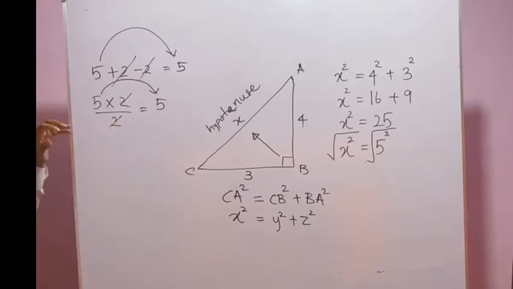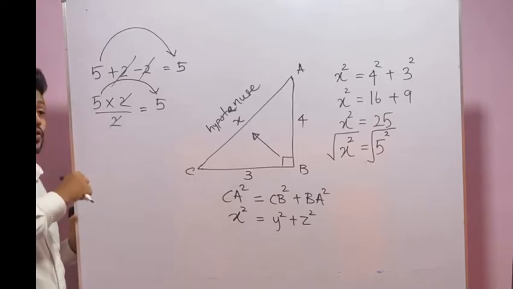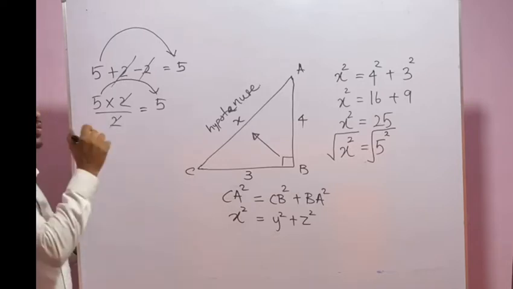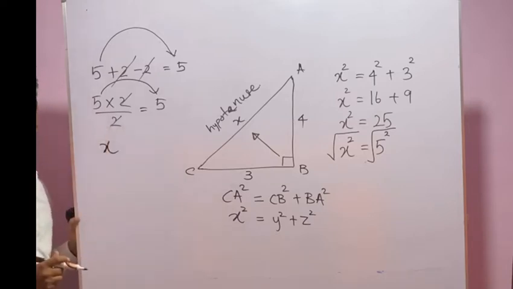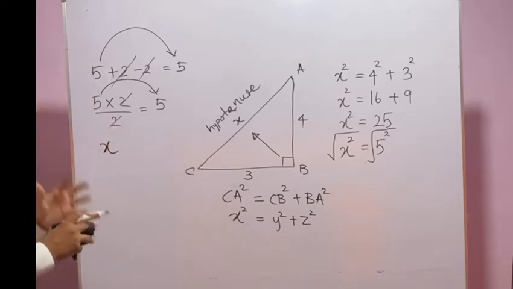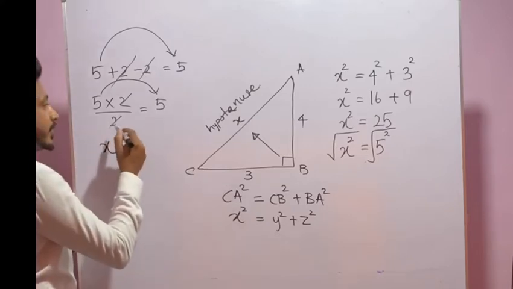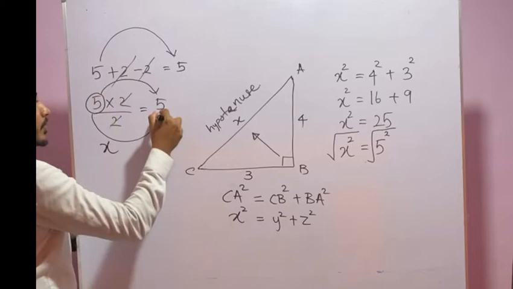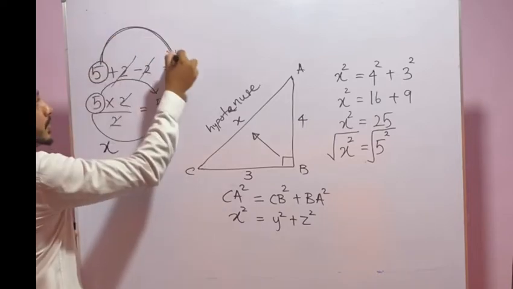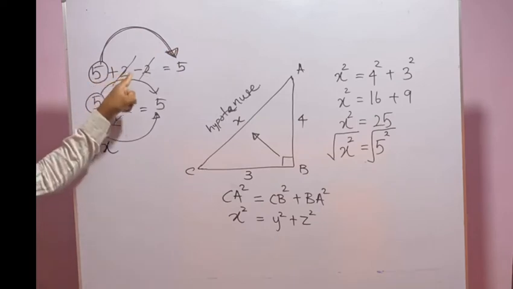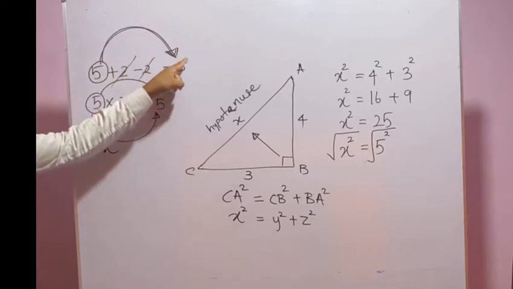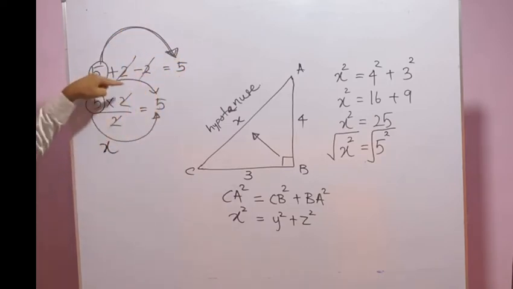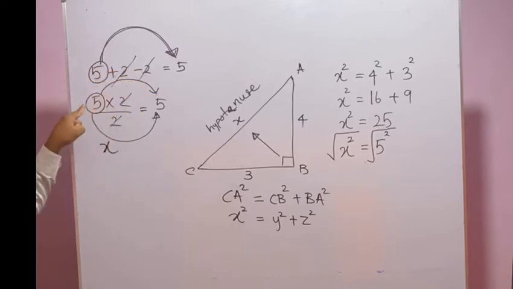So if you do two opposite mathematical operations with the same magnitude to any number, it cancels and we get back the original number.